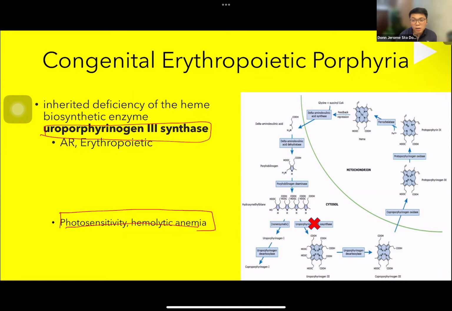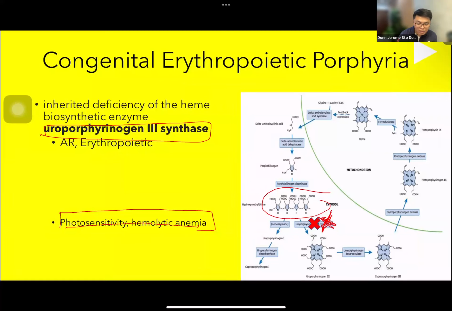Sige. So sabi natin a while ago, the photosensitivity is due to increase in porphyrinogens, the cyclic structure. But if you inhibit your uroporphyrinogen III synthase, what's the intermediate before it? Hydroxymethylbilane. Tama ba? That's the intermediate before it, right? Is it a cyclic structure? We mentioned that in CEP, the problem is in the uroporphyrinogen III synthase.